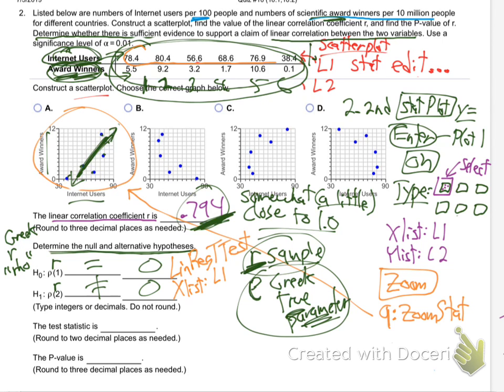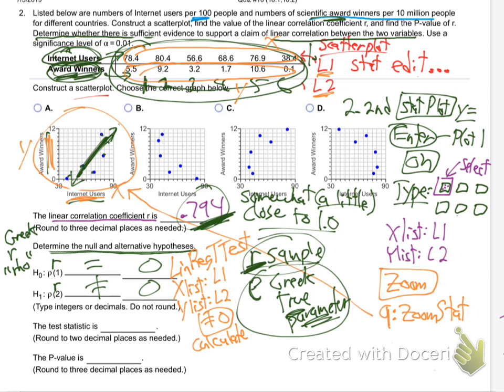These are the X values, and these are the Y values, in L1 and L2. The X-axis is internet users, and the Y-axis is the award winners. So the Y list is L2. And you choose the not equal 0 option. And then you calculate. Hit the buttons.